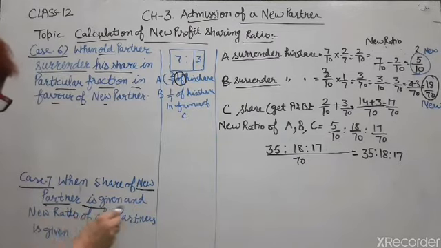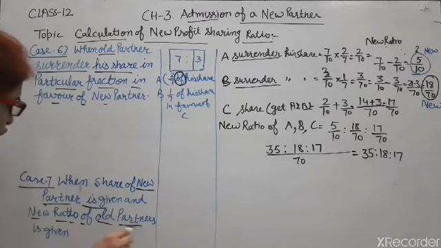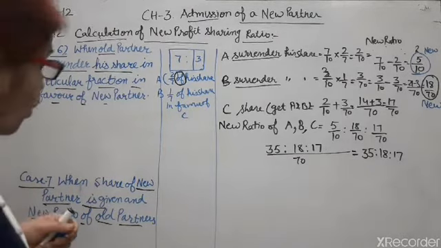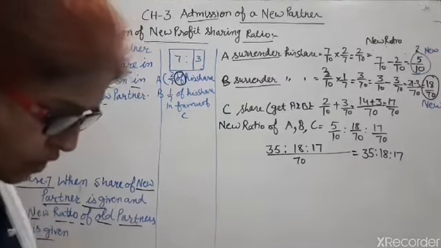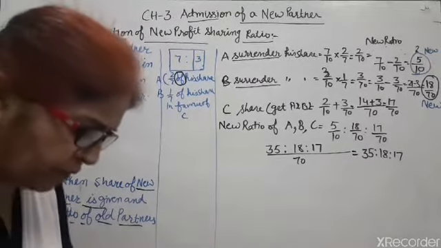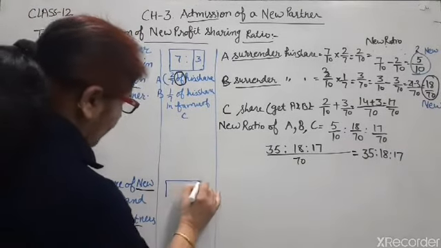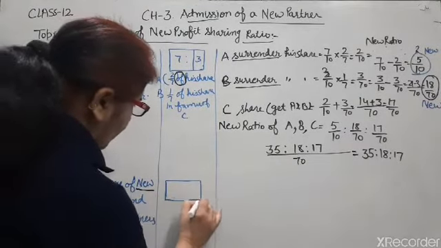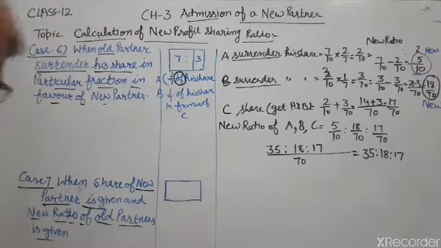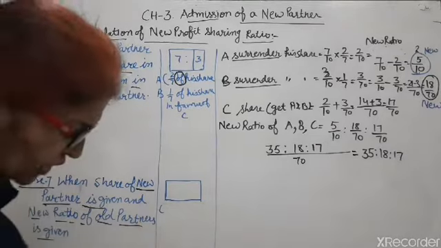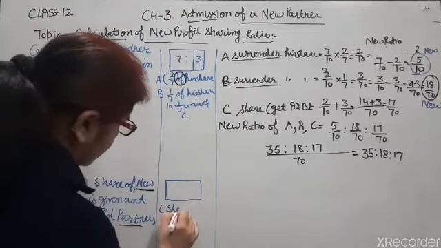And now case number 7, when the share of the new partner is given and the new ratio of the old partners is given. In this question, the new partner's share is given and the old partners' new ratio is given. For example, A and B are sharing their profit in a particular ratio which is not given, and C will be admitted with 1/4 share.